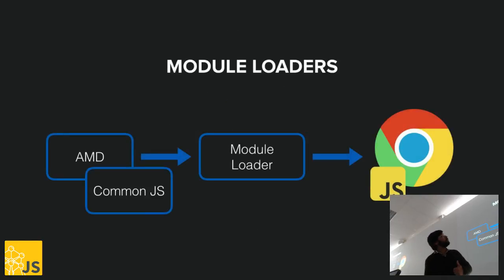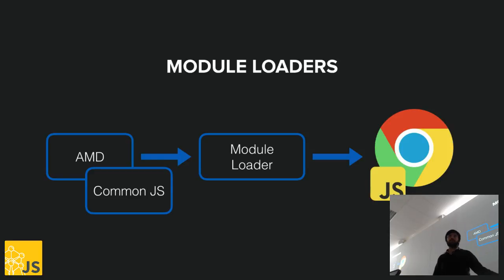Before that, module loaders. What are module loaders? A module loader is a tool which converts your modules written in a particular module format into browser-understandable JavaScript, because like I told you, there was no support for modules in JavaScript natively. Whenever you write an AMD module or a CommonJS module, you need to run it through a module loader.